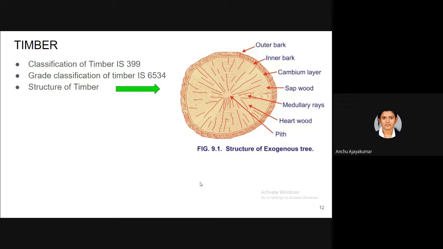Its inner layer is called bast, which conveys the nutrients from the crown downwards and stores them. After the inner bark we have the layer called cambium layer. The function of cambium is to grow wood cells on the inside and small bast cells on the outside.